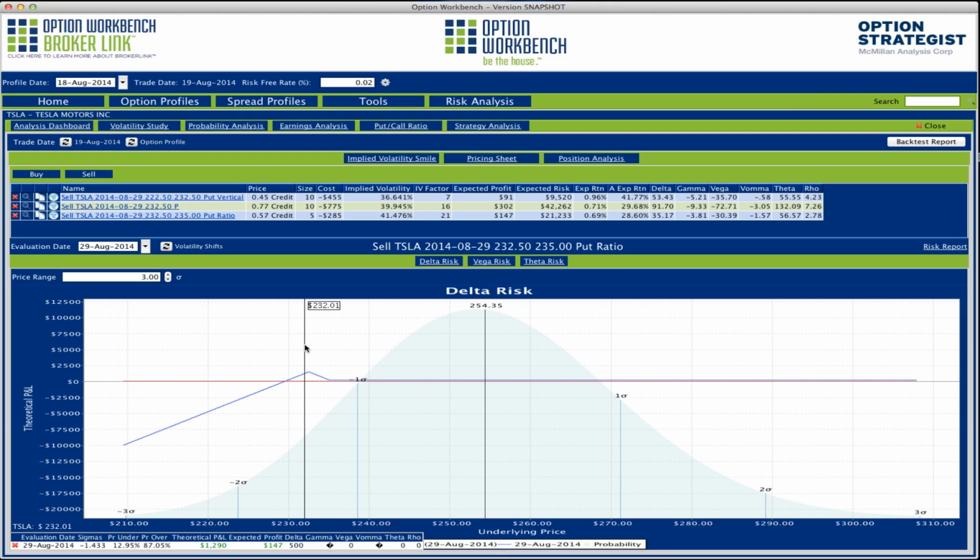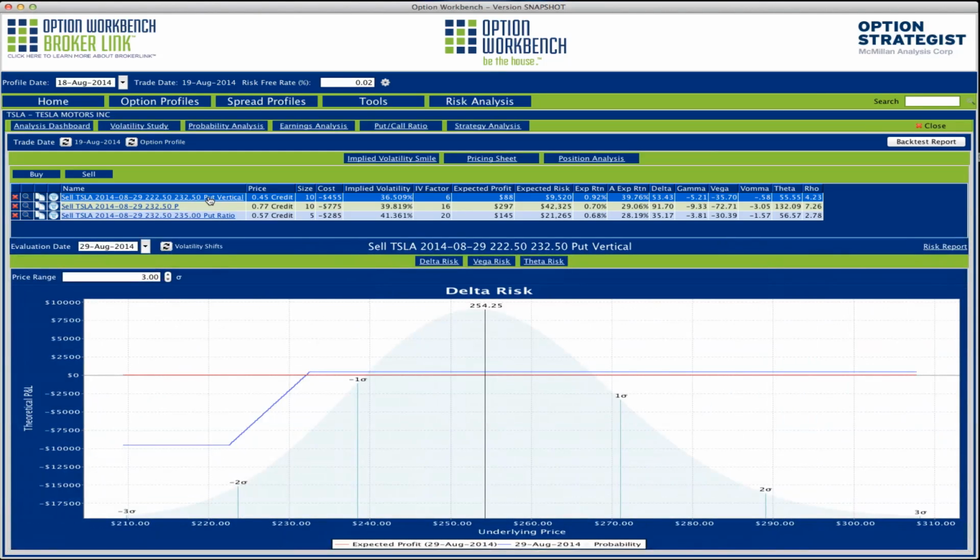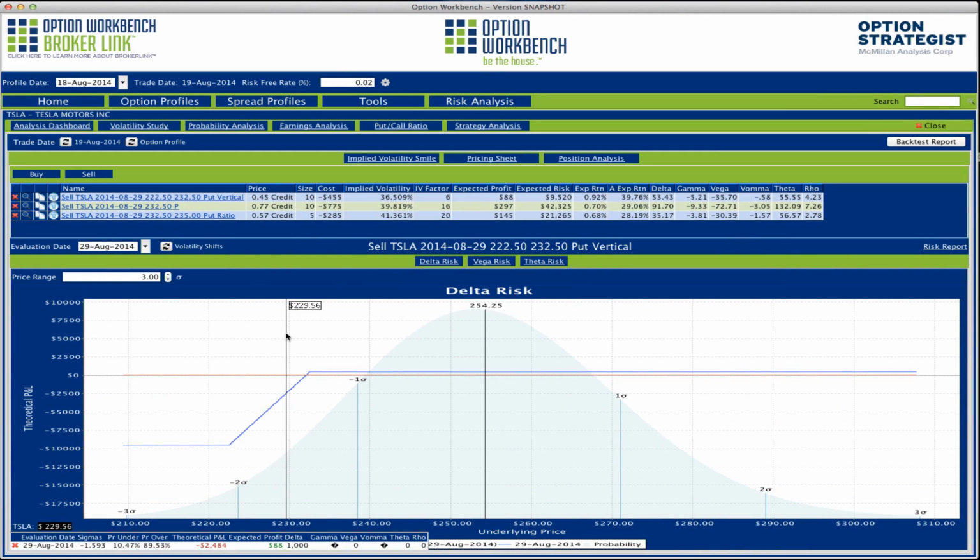So if the stock goes down to where I would break even on the put vertical, I'm actually making way more money than my initial credit on the put ratio. And the downside break even on the put ratio is down here at 229.5, let's say. On the put vertical at 229.5, well, I'm not very happy.